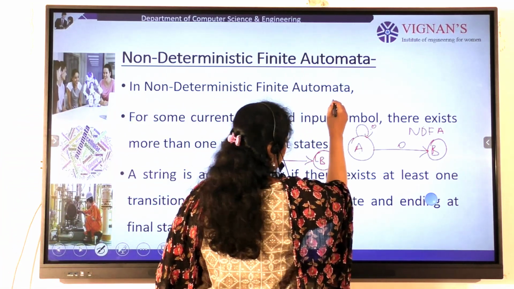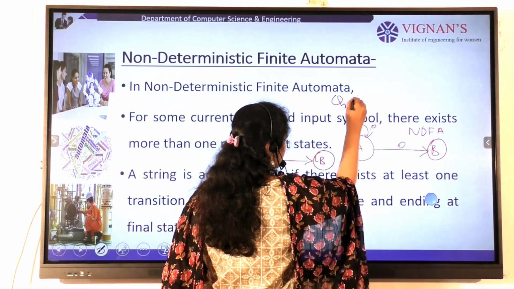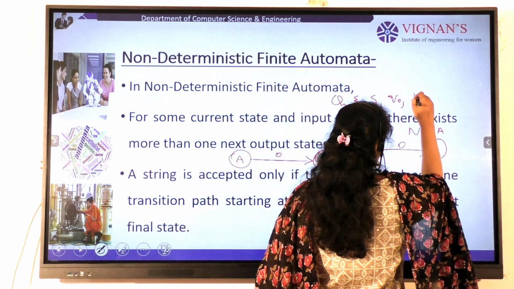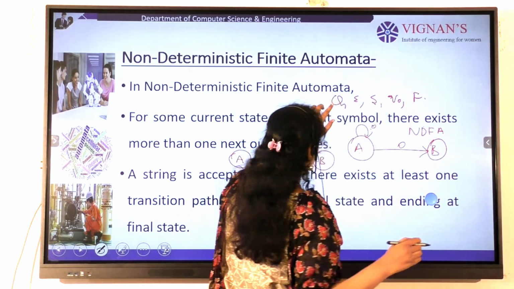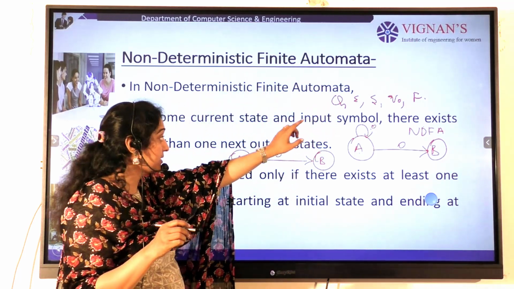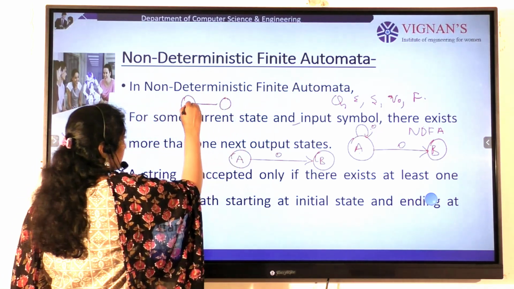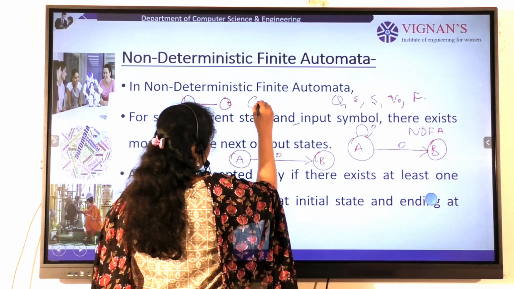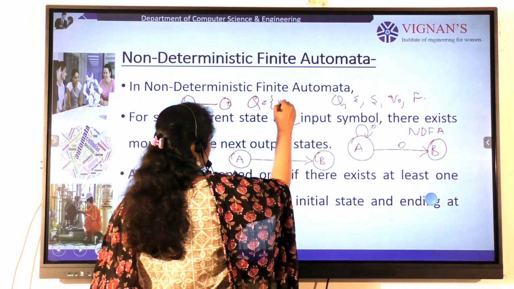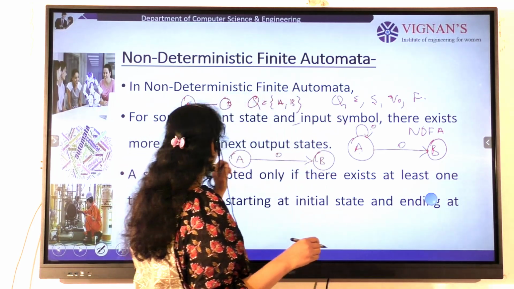of deterministic and non-deterministic finite automata, they are the same: Q, sigma, delta, Q naught and F. Here Q is the set of states, in the sense that whatever states are present in the automata, all those states will be present in this set capital Q. And sigma consists of the input symbols.